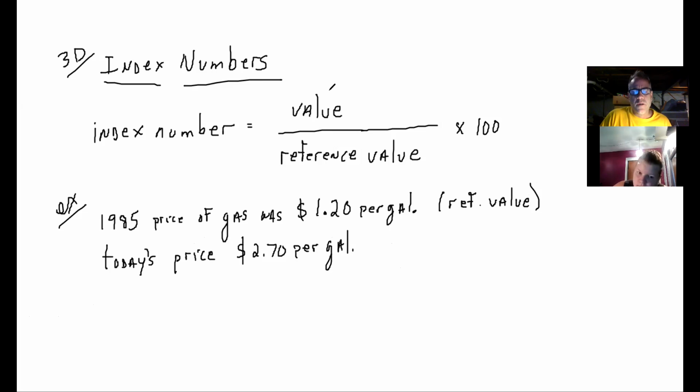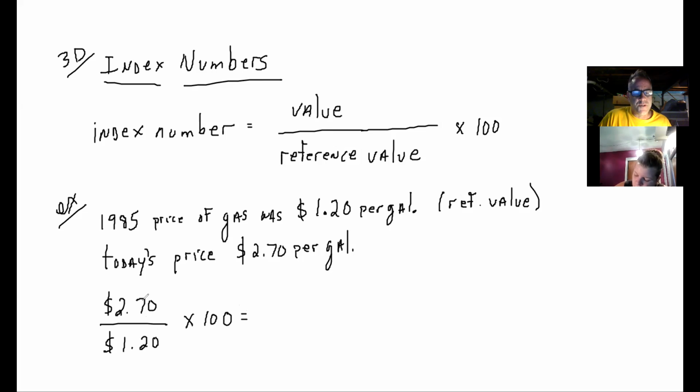So using this as our reference value, we're comparing it to price today. So we would look at $2.70 divided by that $1.20. Okay. And then just multiply by 100.